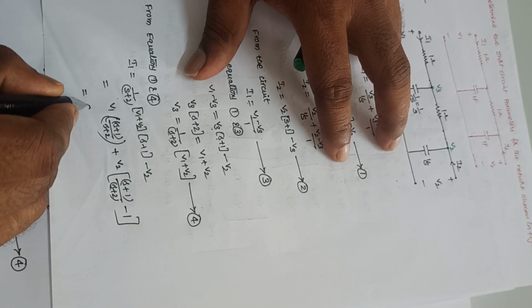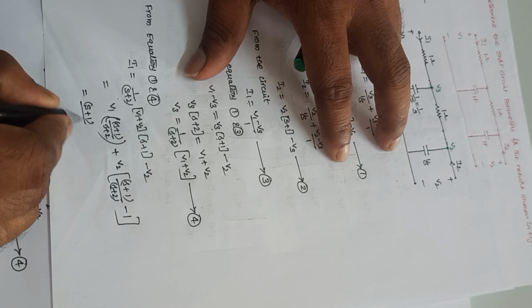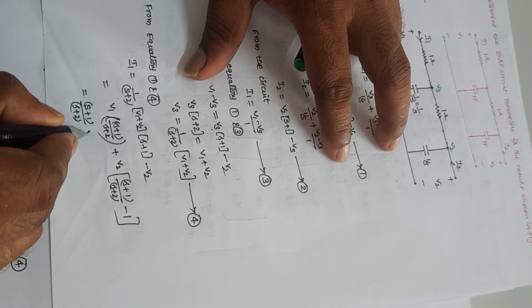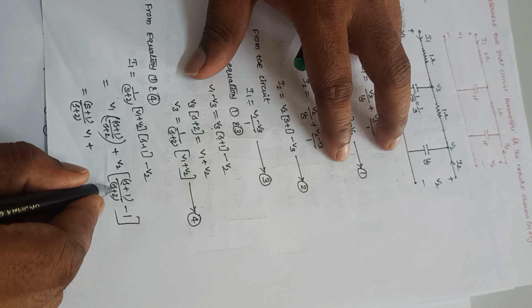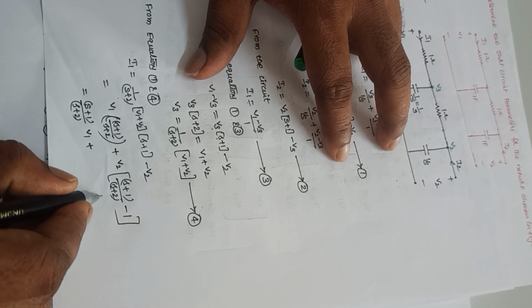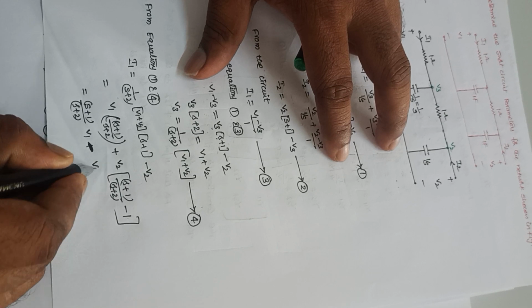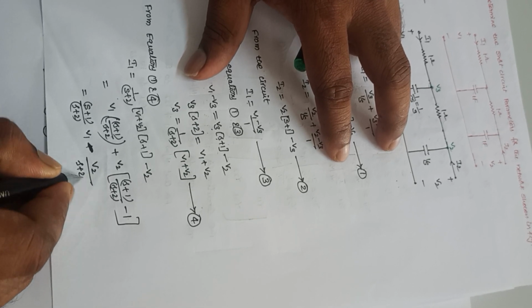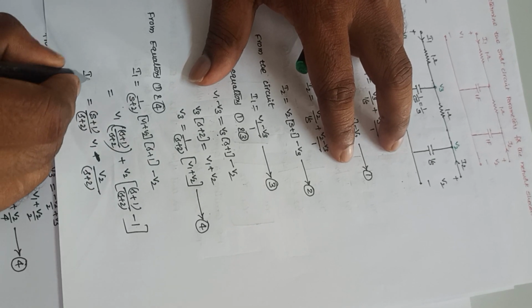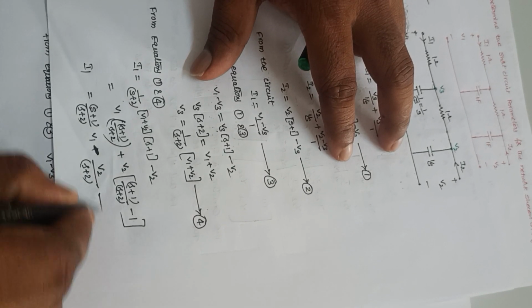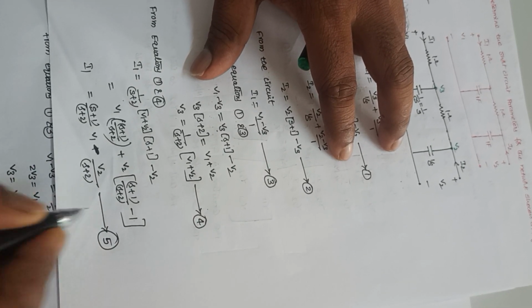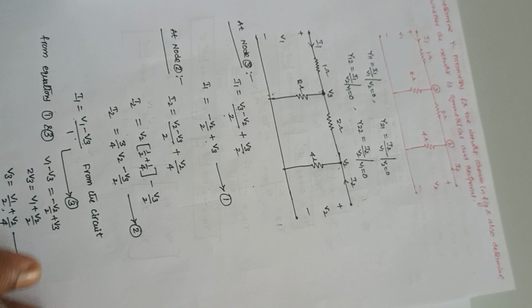Now it is S plus 1 divided by S plus 2 into V1, plus S plus 1 minus S plus 2, which is minus 1, so that is minus V2 divided by S plus 2. So this is I1. Let us consider this as equation number 5.